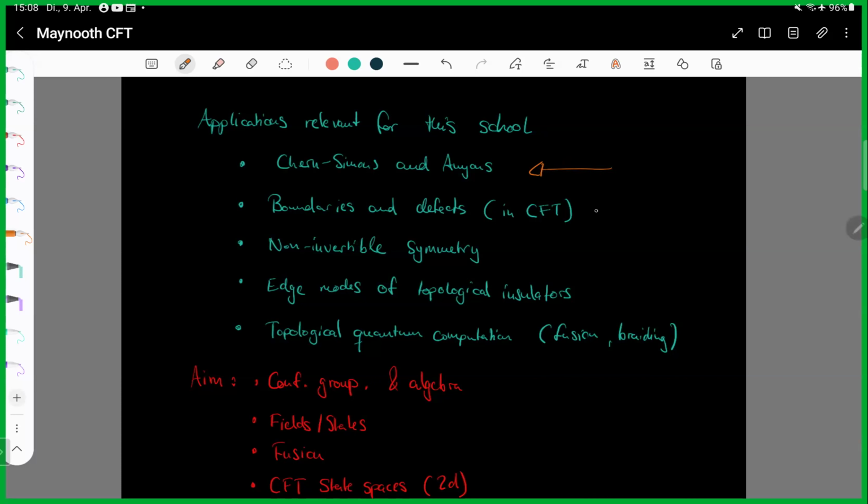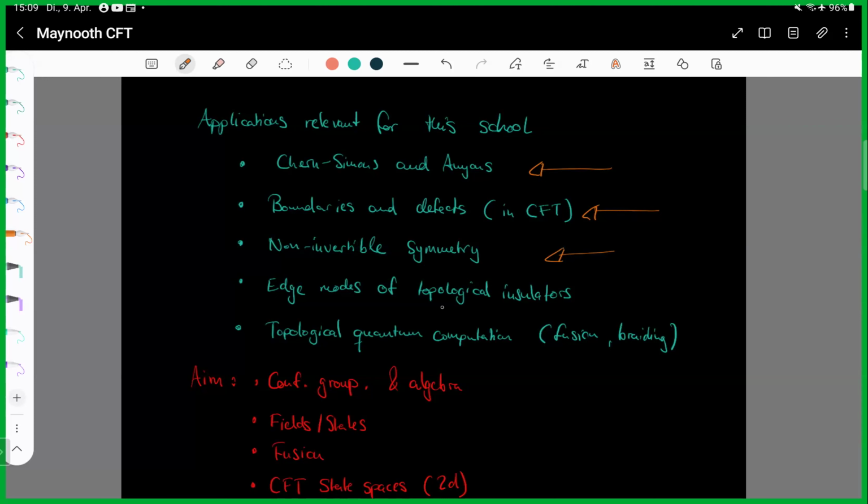I'm also going to talk about boundaries and defects, mainly in conformal field theory, and that reverts to applications like the Kondo effect that I mentioned. It reverts also to modern applications in topological phases of matter, which I won't be able to talk about, but maybe they'll be shown in the part taught by Hotat Lam on non-invertible symmetry.